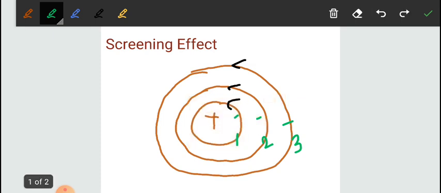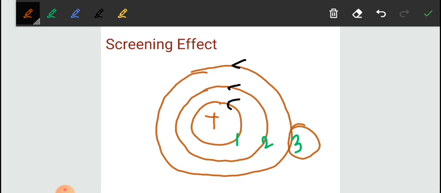So from this you can conclude that the third shell will have very little force of attraction towards the nucleus, and the second shell also will have less force of attraction compared to the first. This screening or shielding of the force of attraction exerted by the nucleus is known as screening effect. Means first shell electrons shield some amount of force of attraction, and some amount is released to the next shell, and so on to the other shells.